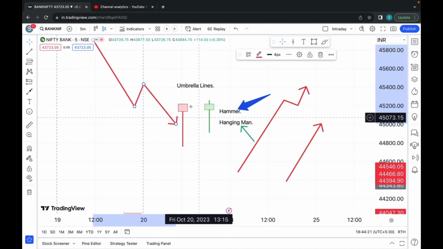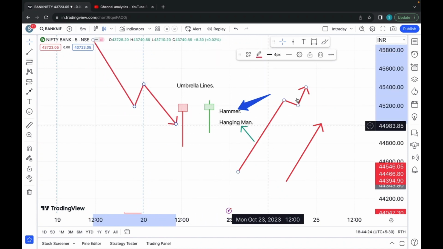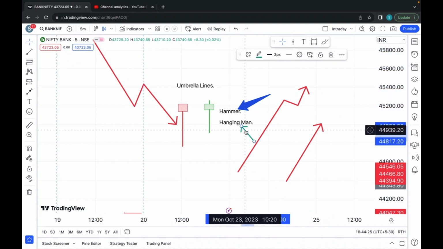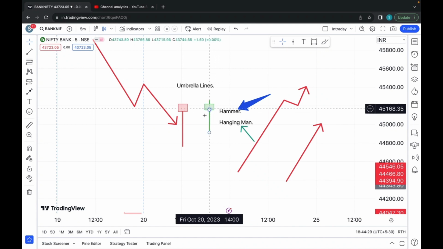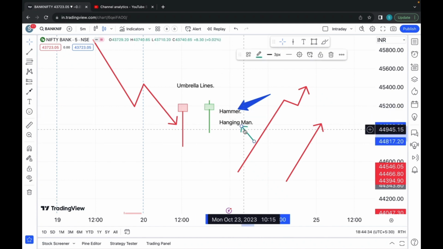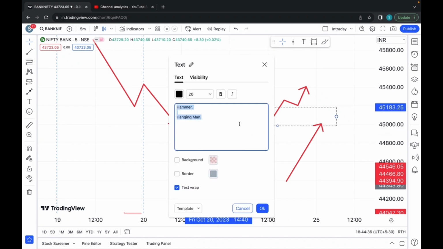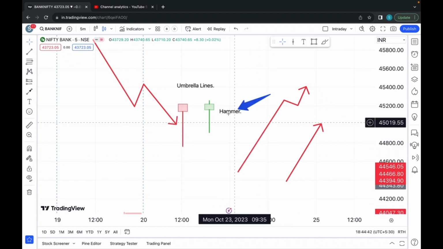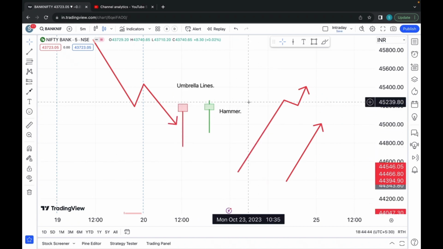And if you see this similar candle formation after an uptrend, then that is called a hanging man. For the obvious reason, it is called a hanging man because it looks like a hanging man with dangling legs. For the time being, let's discuss the hammer, and later see what the hanging man is.